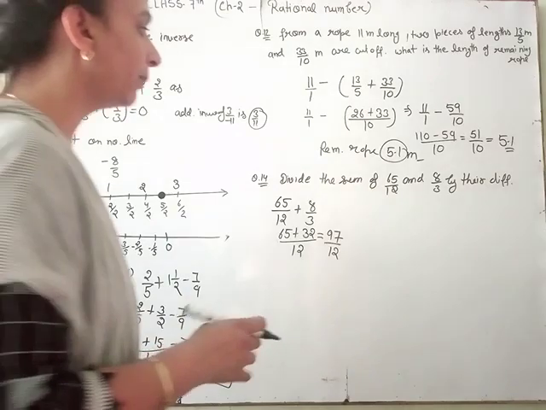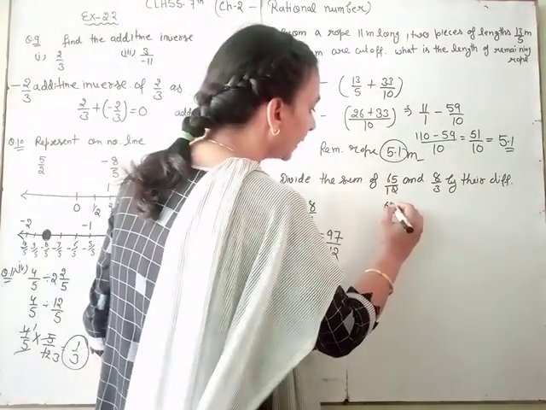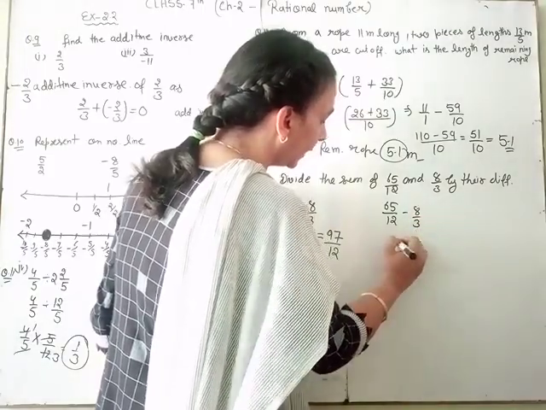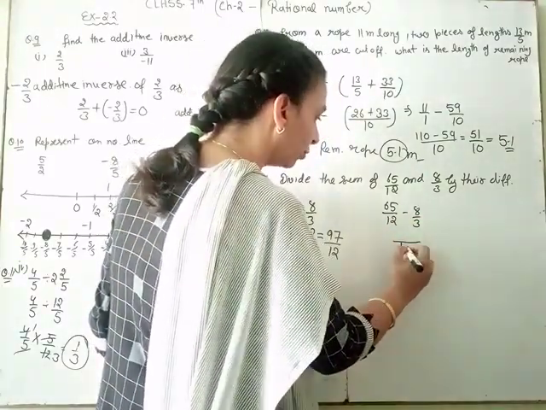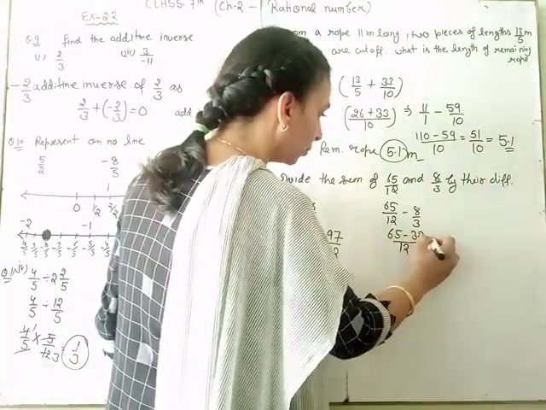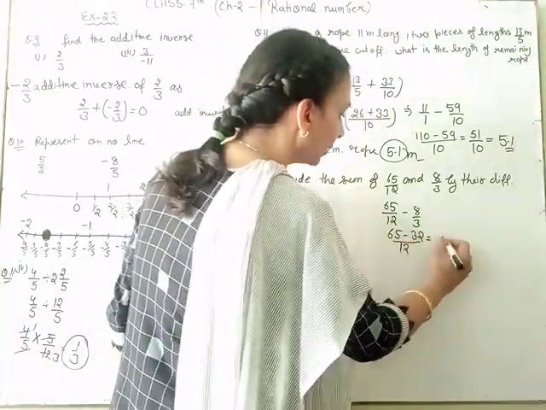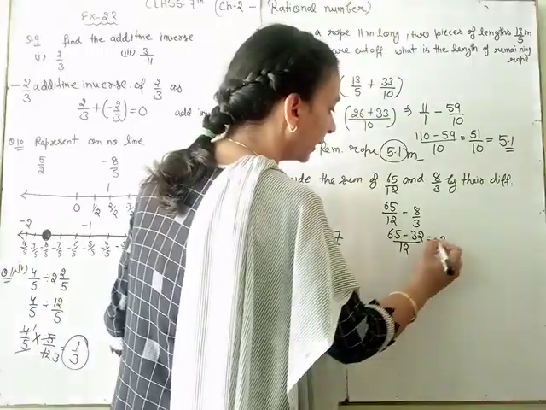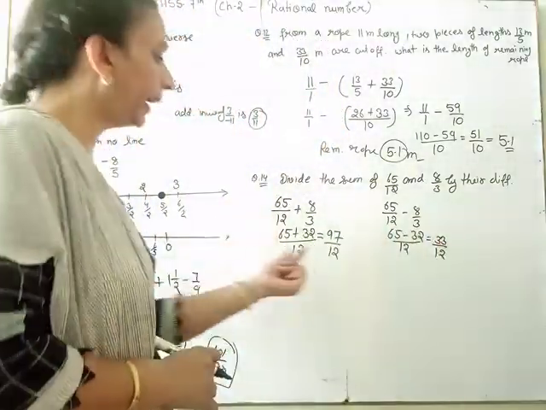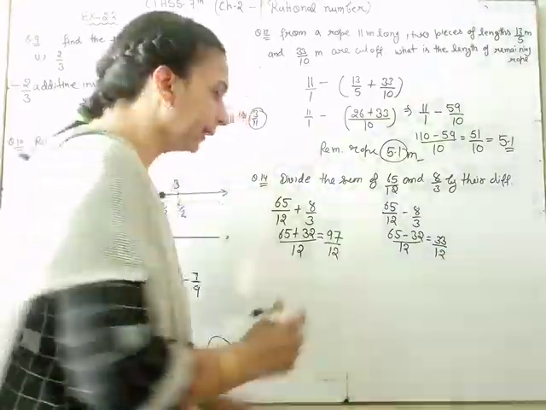Okay, next we find the difference 65/12 minus 8/3. LCM 12, then 65 minus 32. Next is 5 minus 2, 3, then 6 minus 3, 3, so 33/12. Okay, next divide this by this.